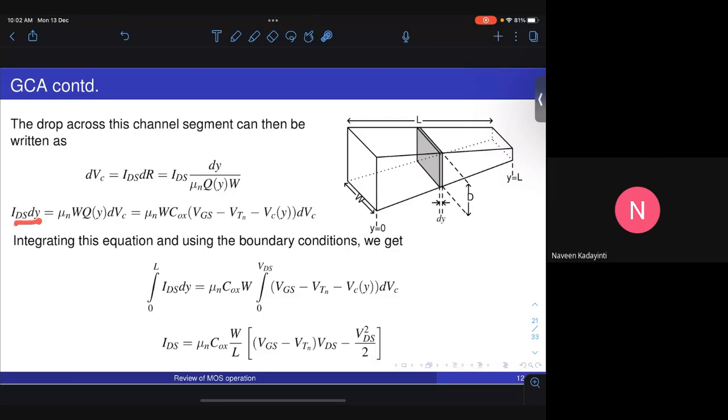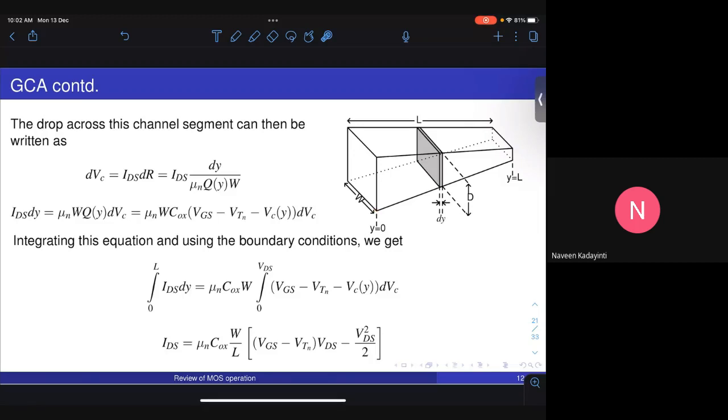So my y changes from 0 to L. So dy is the incremental channel length of the incremental segment. If you integrate this expression from 0 to L, you will get the total drain current I, and on the right side, the limits of the integration will be, at the source end, the potential is 0.